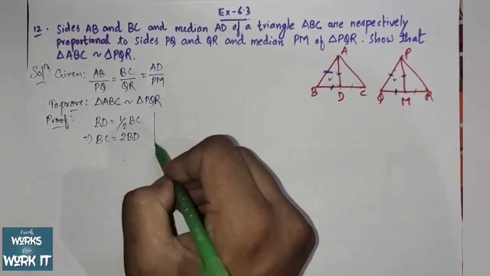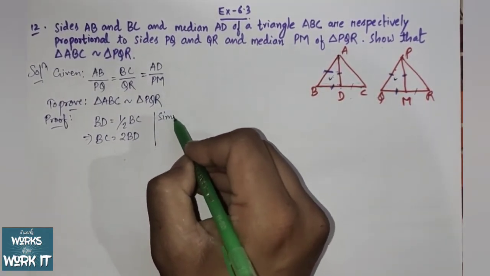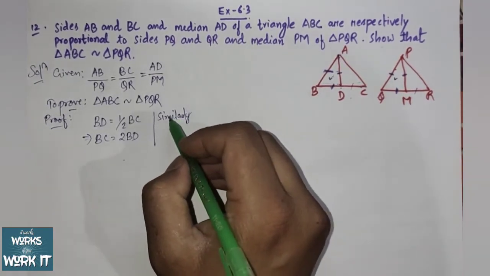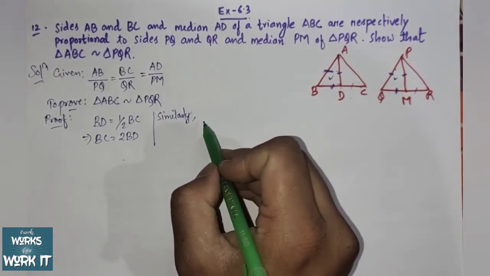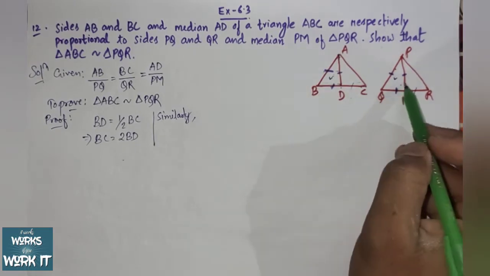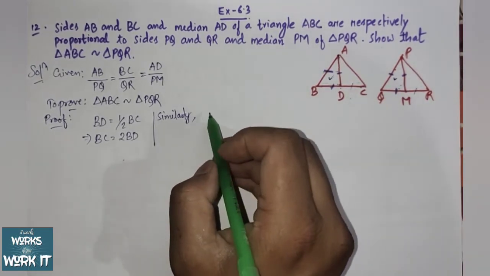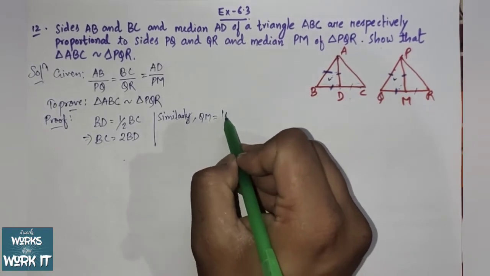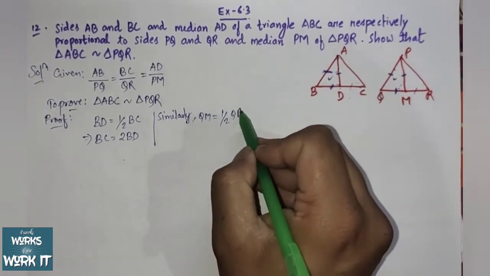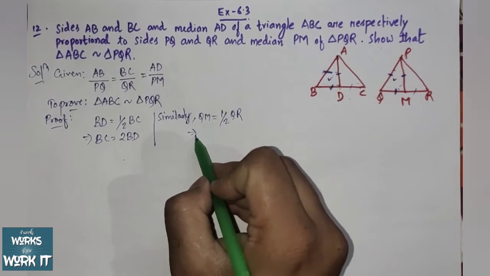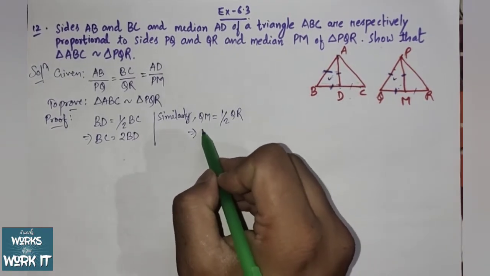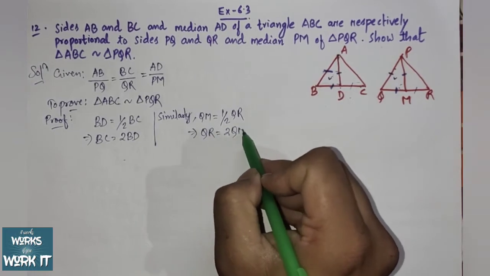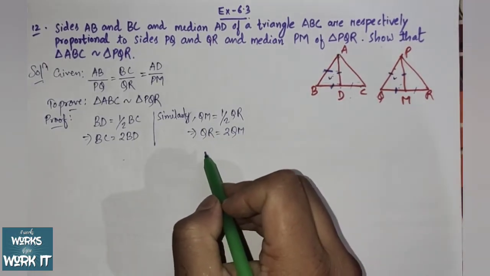Similarly, in triangle PQR, QM is equal to half of QR, so QR is equal to double or twice QM.